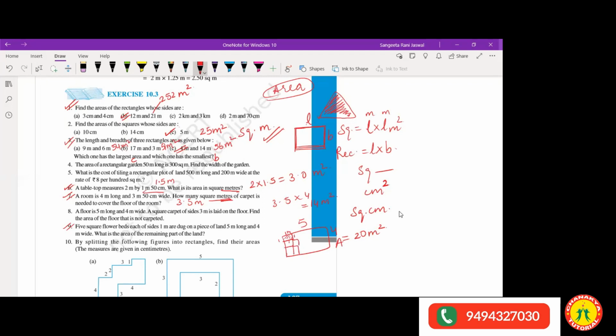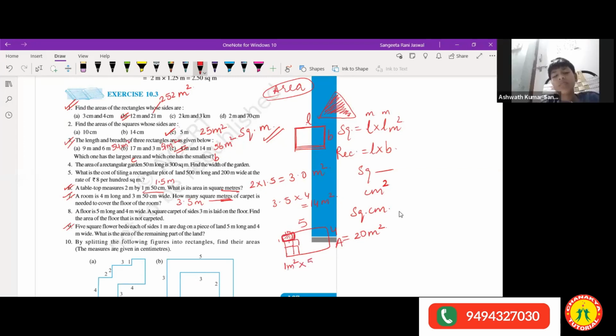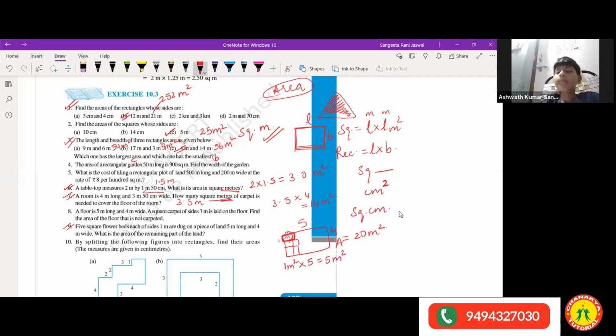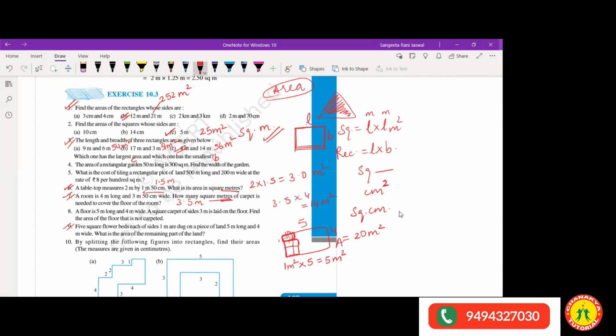So 5 square beds are there. That means each square bed has area 1 meter square. For 1 square flower bed, the area is 1 meter square. 1 into 1 multiplied by 5 gives you 5 meters square. So the area of these 5 flower beds is 5 meters square.